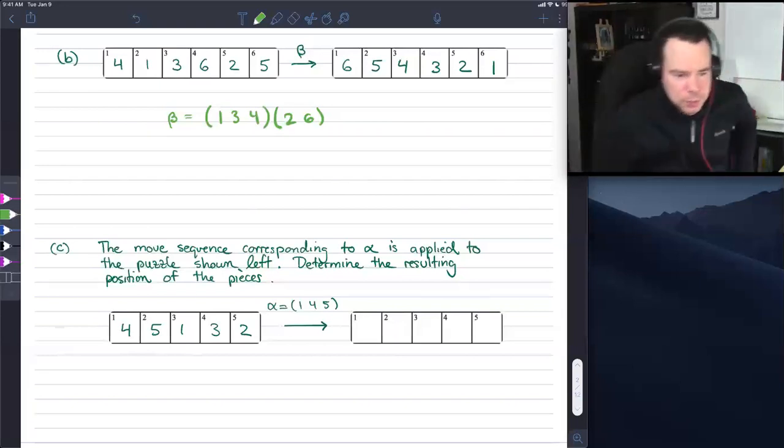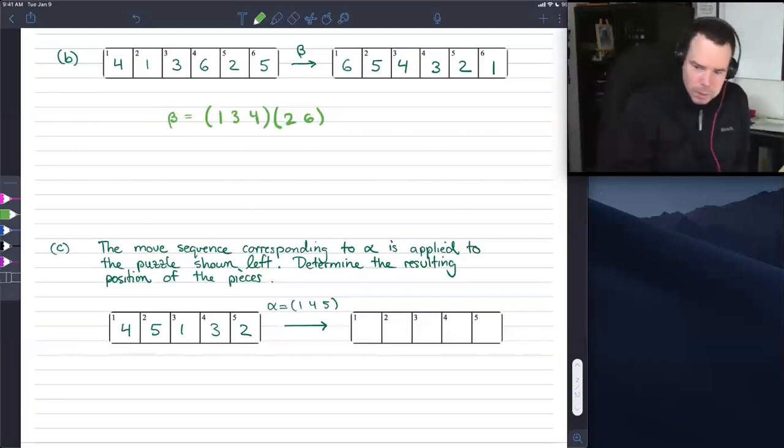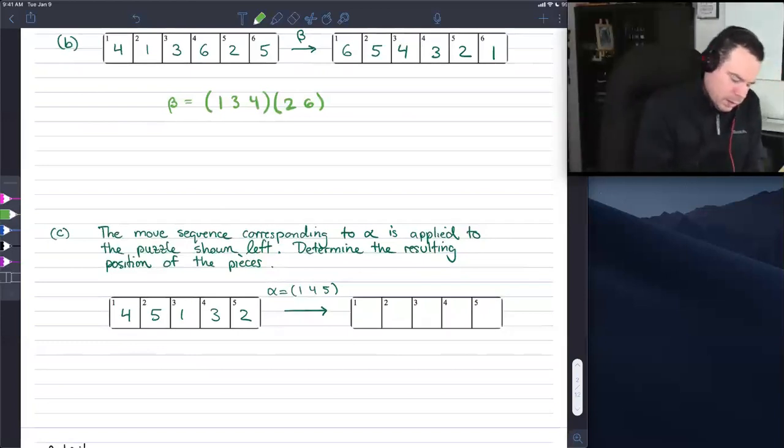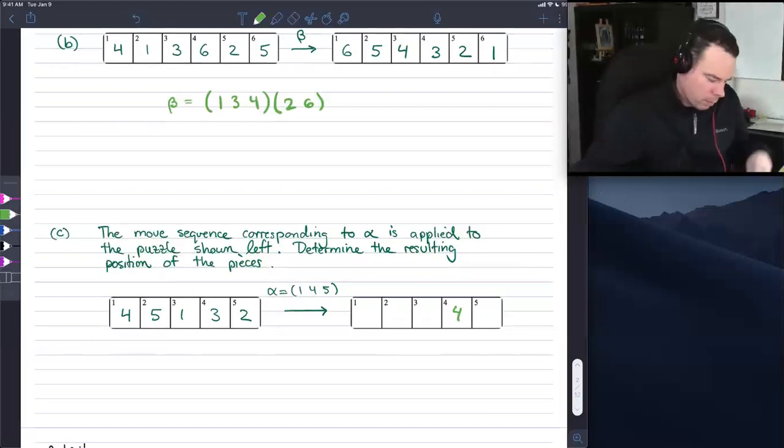All right, so how do we do for the next one? So this tells us that piece in box 1 has gone to box 4. I'm just checking to see the post that was made by Jason to make sure I'm agreeing with you. The piece in box 4 went to box 5.